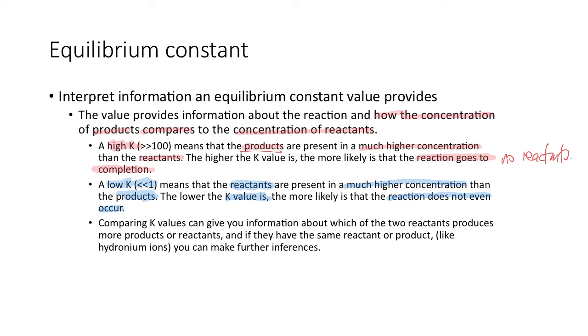It has so high a forward activation energy that the reaction just doesn't occur, so you've got a very, very low K, meaning lots of reactants and not many products. That's typical of things that need a large activation energy, but as you change the temperature, you'll change whether that reaction is likely to occur or not. We'll talk about that later on.